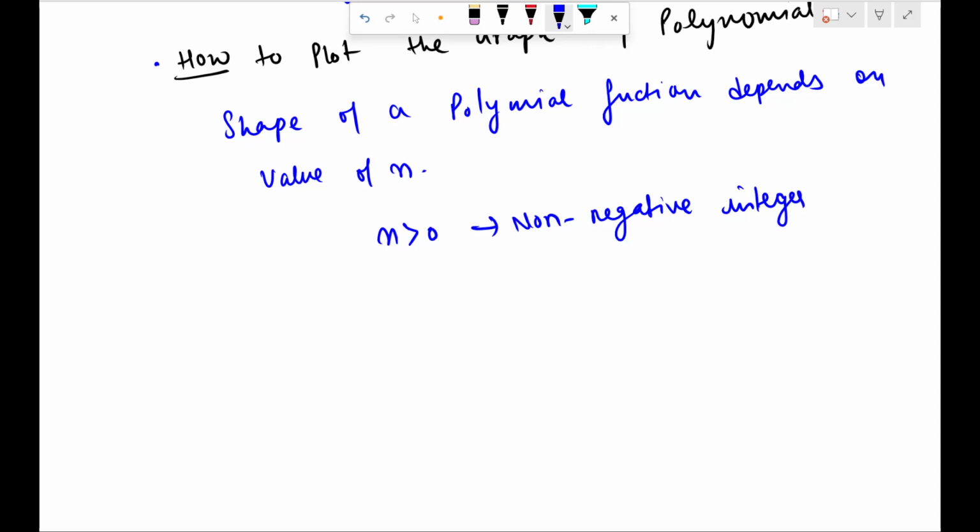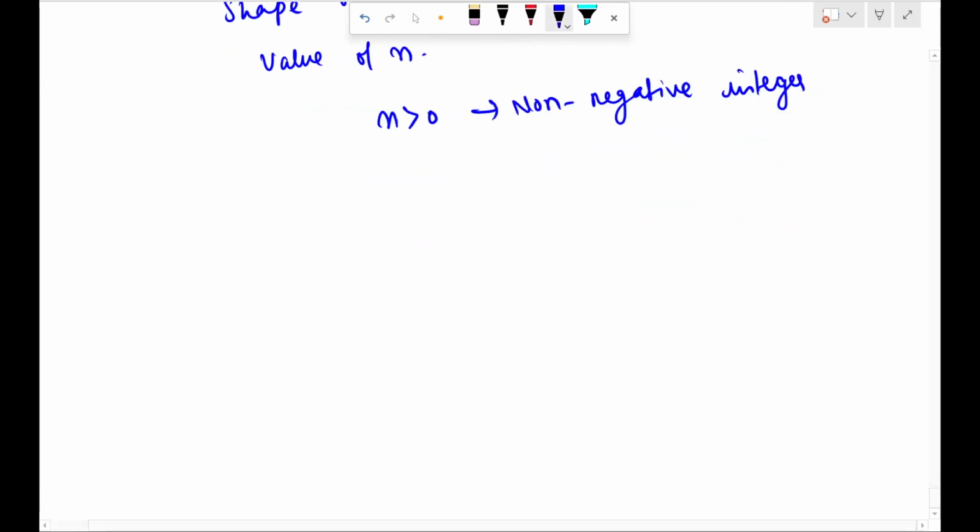So we have some examples of polynomial functions and their graphs. First is f of x is equal to x square, where n is equal to 2.